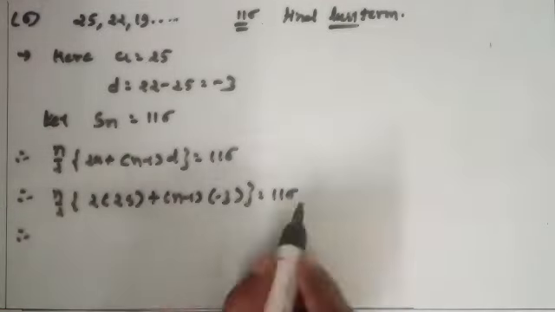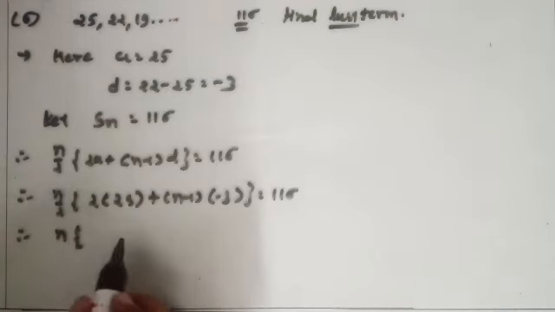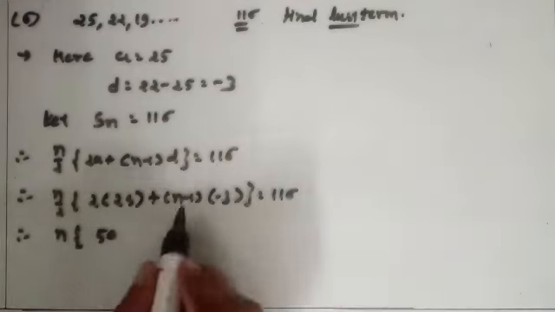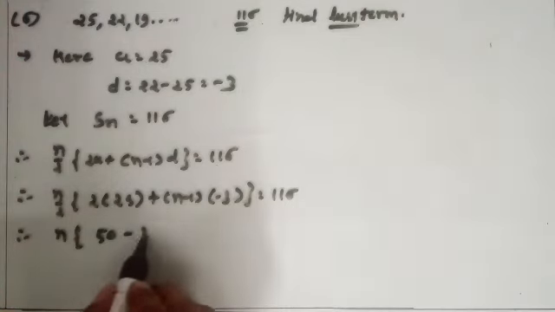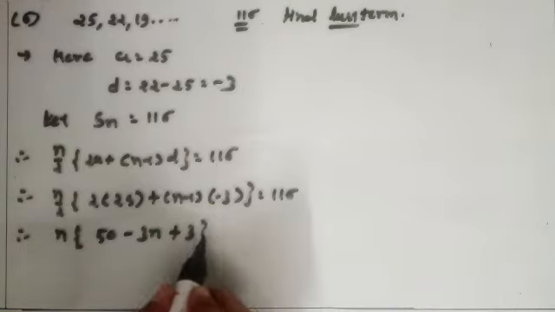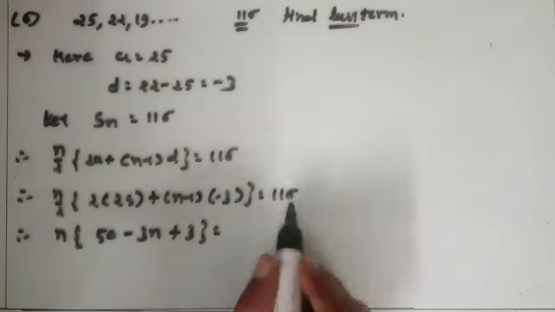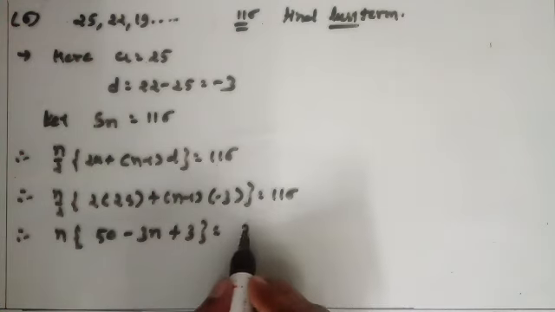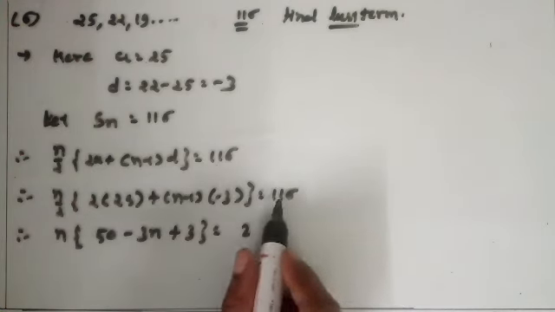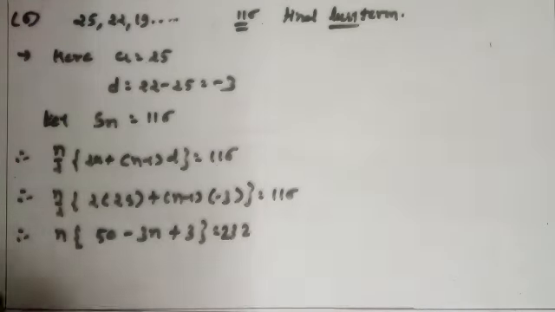So taking this side, n into 50 minus 3, taking inside, so minus 3n plus 3 is equal to 2 into 116, which is equal to 232.